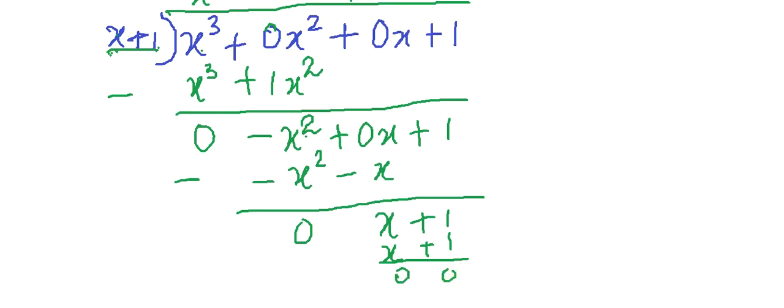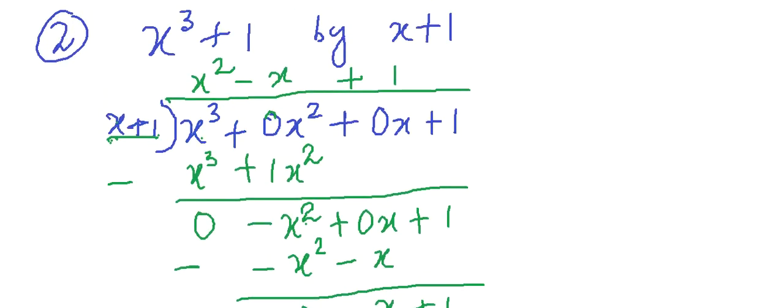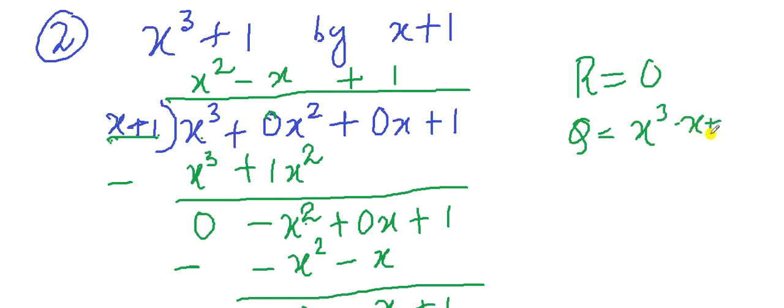So that means I can also introduce the term factor here. That means x plus 1 is a factor of x cube plus 1. Here my remainder is 0 and my quotient is x square minus x plus 1.